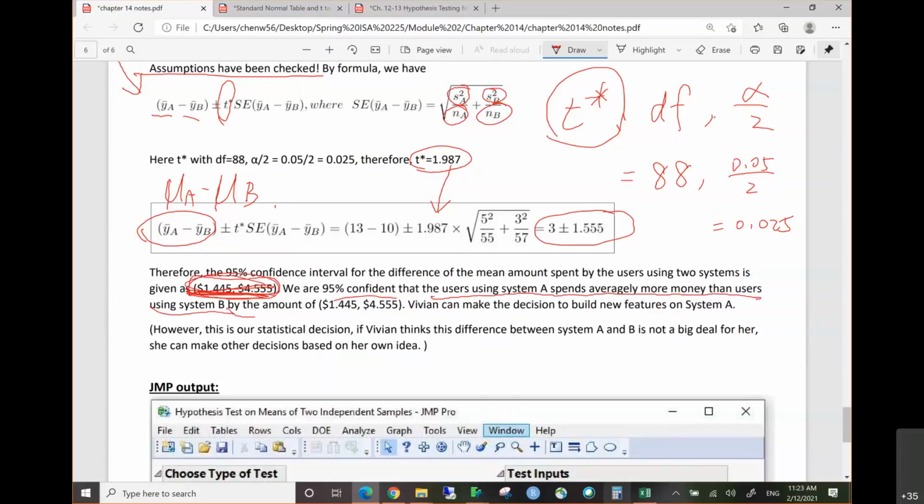By the amount of 1.445 to 4.555. In this case, users using system A spend more money, so Vivian can make the decision to build the new features on system A. Then we are done.